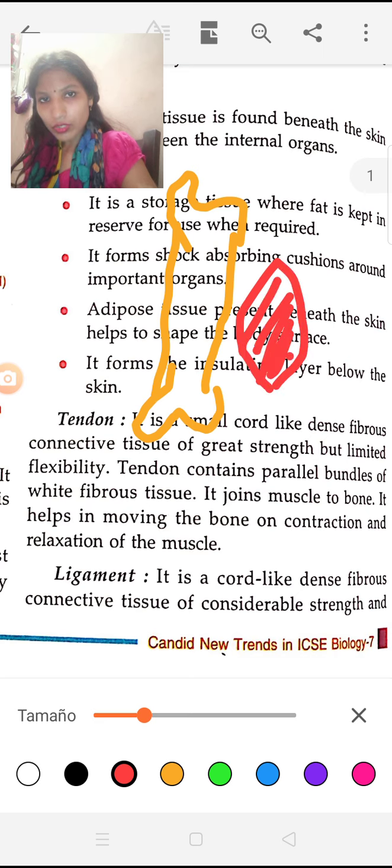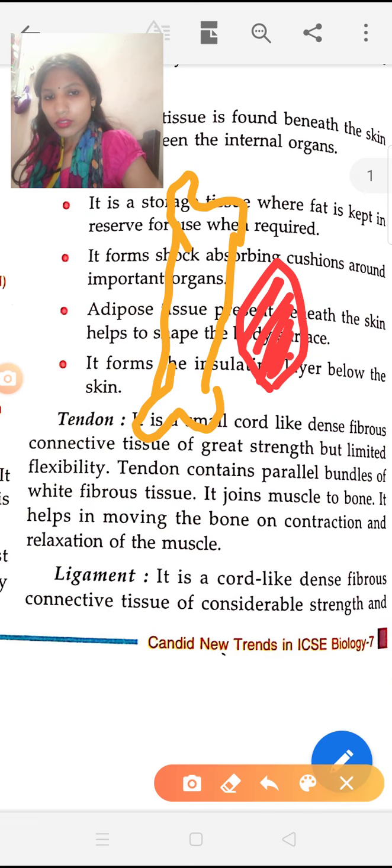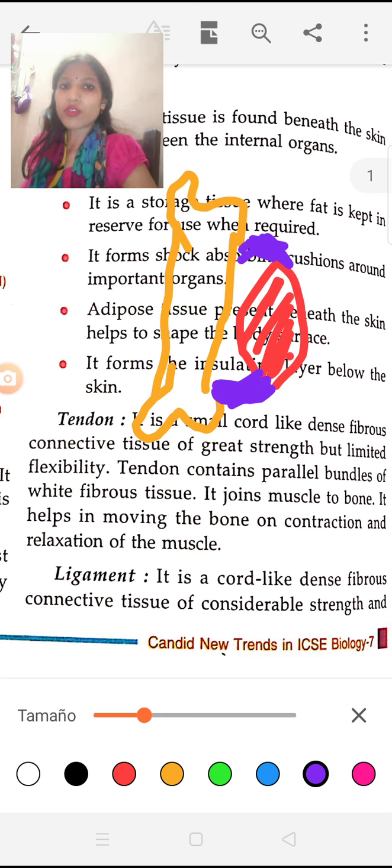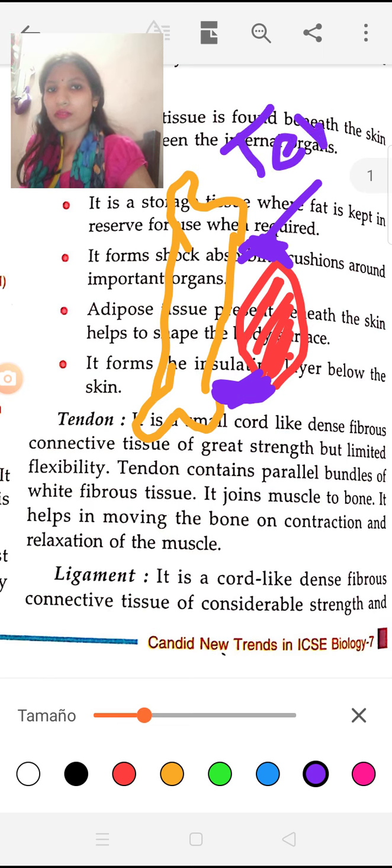So how do they join together? With the help of tendons. So that part which is joining the bone and the muscles is known as the tendons. Clear?